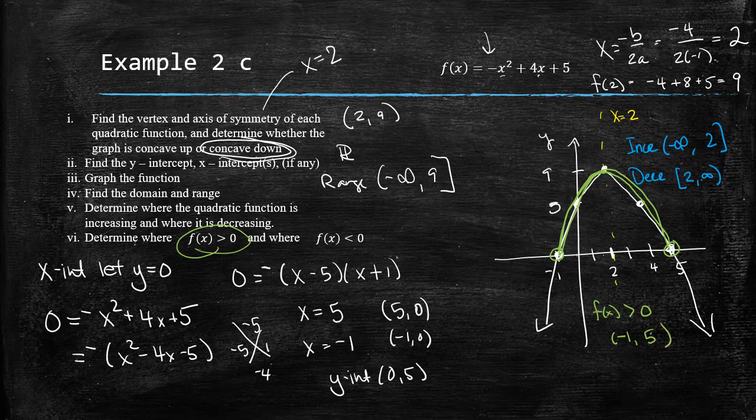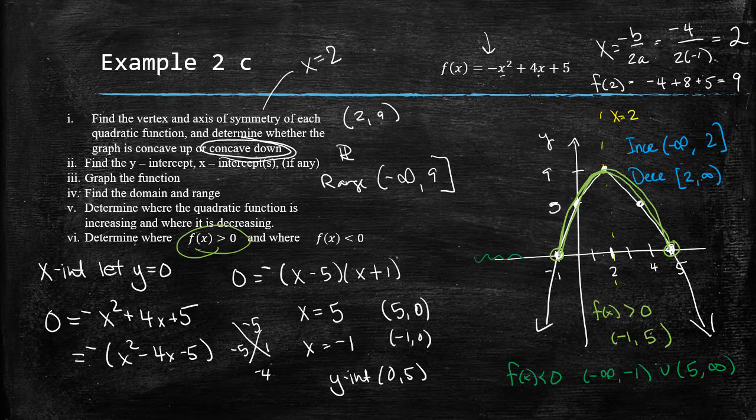So this means it's going to be less than 0 outside that. So if we're to the left of -1, so -infinity to -1, or if we are greater than 5, so 5 to infinity.